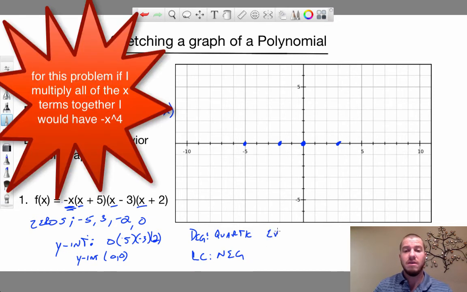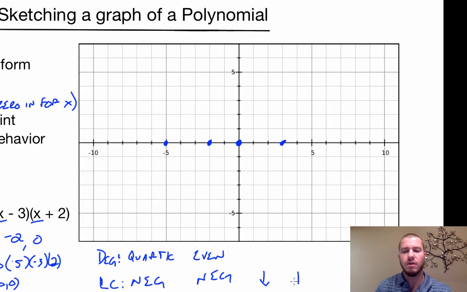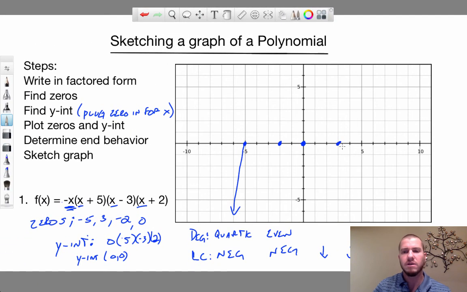So this is even with a negative leading coefficient, means that they're both going to be going the same way and they're both going to be going down. So from this last 0 on the left side, the graph's going to be going down. From this last 0 on the right side, the graph is going to be going down. And then from there, I'm going to have the curves and connect them.